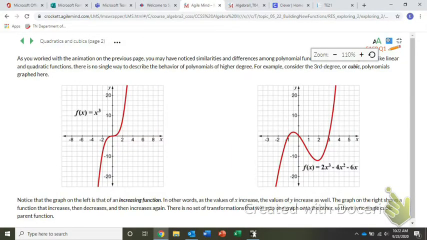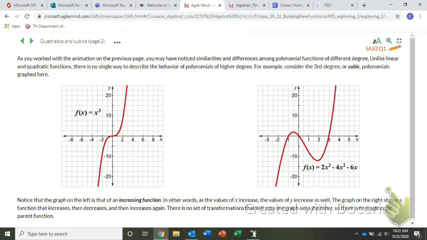Okay. I went ahead and hit the green arrow, and we are on page 2 of the Agile Minds screen. It says, as you worked with the animation on the previous page, you might have noticed similarities and differences among polynomial functions of different degree. Unlike linear and quadratic functions, there is no single way to describe the behavior of polynomials of higher degree.